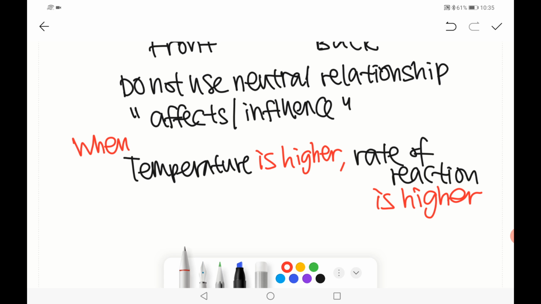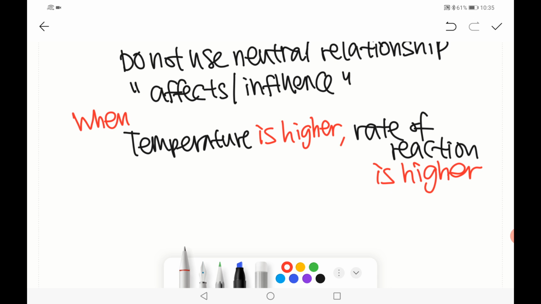So when you have a clear relationship, then only you can get the full mark, which is the 3 marks. Okay, so when it comes to relationship, try to make sure the relationship is very clear. And not to say the hypothesis must follow the format, the more blah blah blah, the more blah blah blah. It's not a must.